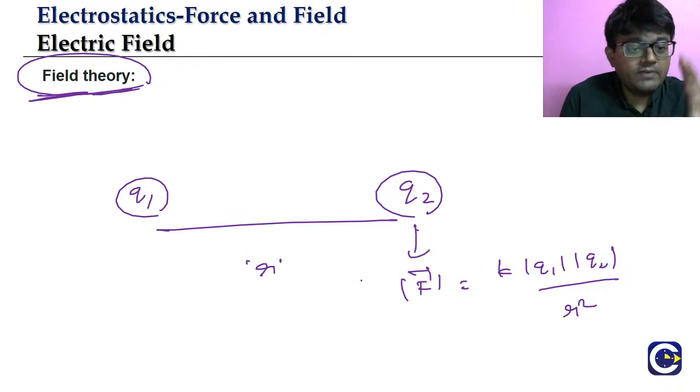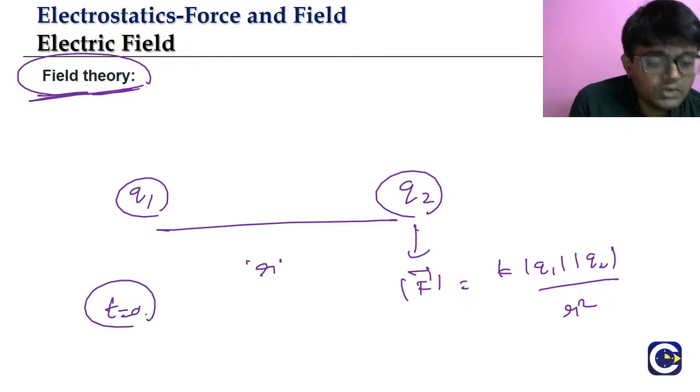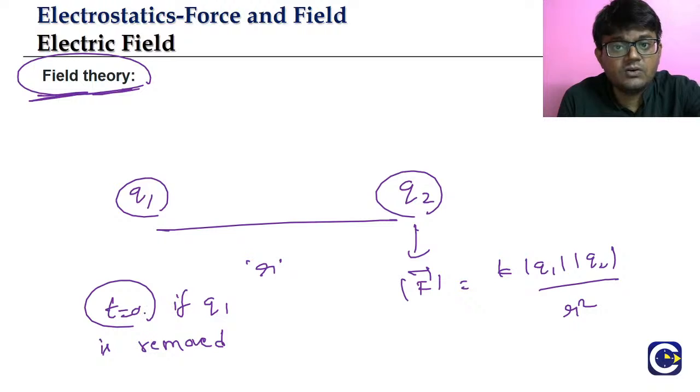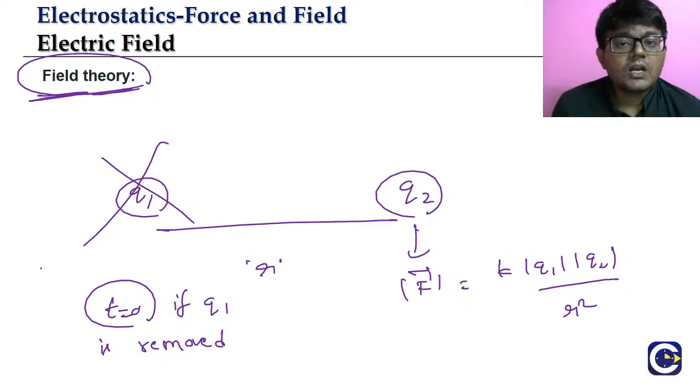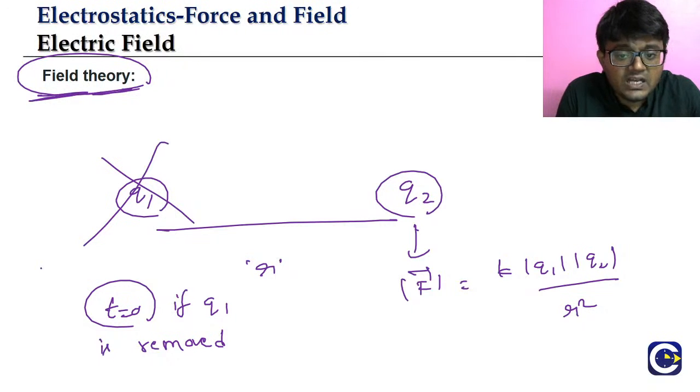Now, when they were doing the experiments, they came to a conclusion. Look carefully. At t is equal to 0, at the starting time, we are removing the q1. What would our expectation be? If there is no charge on this side, the force acting on the charge q2 should become 0.